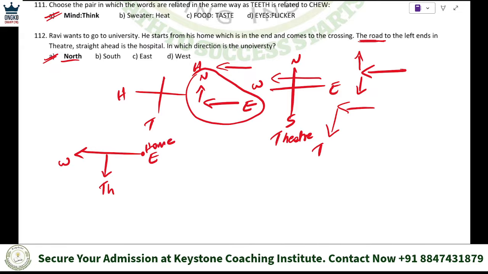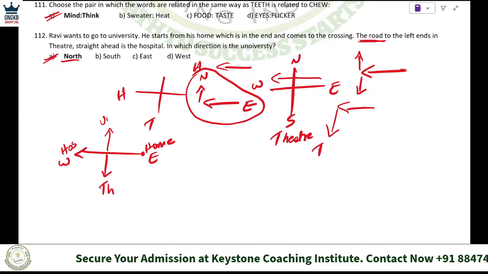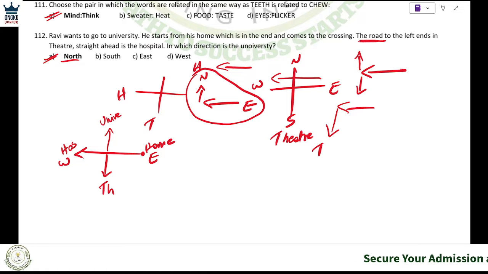This is home, and then west is what? The hospital, and ahead of the hospital is the university. Note it again. We can also assume this way in simple terms, or go with a detailed explanation, that's it.